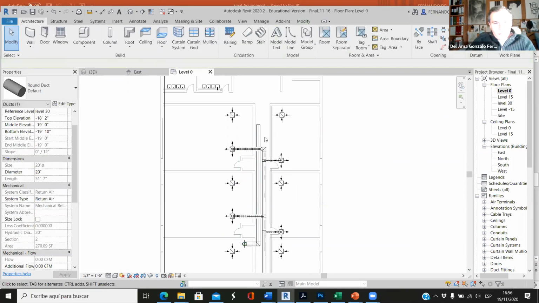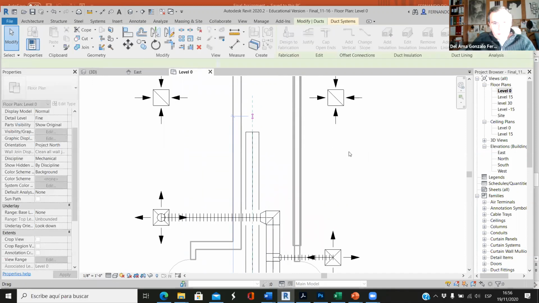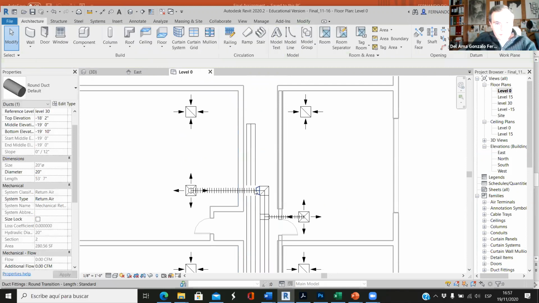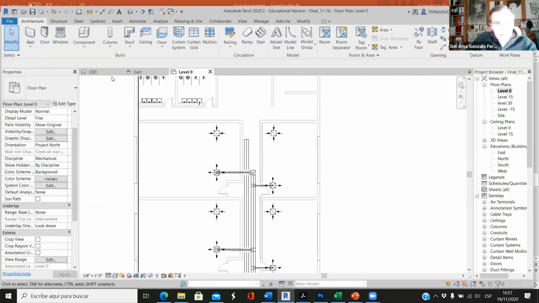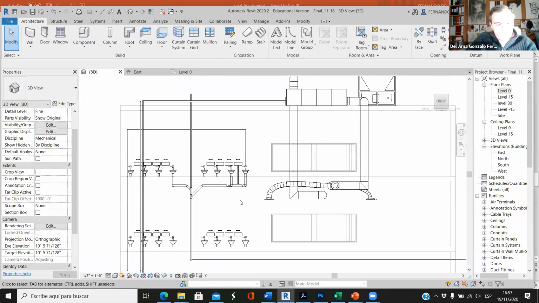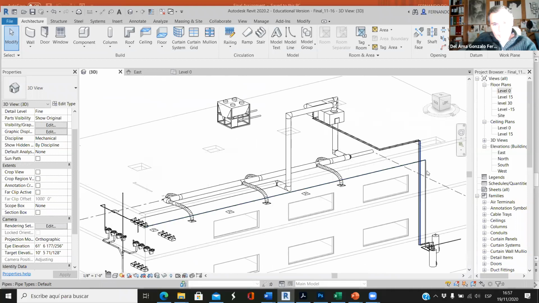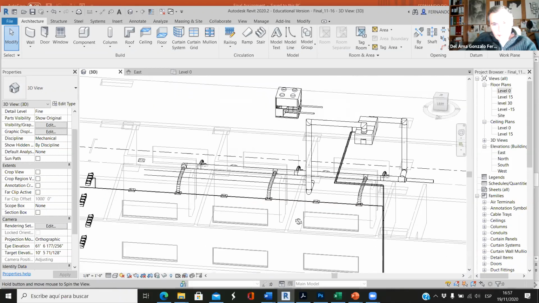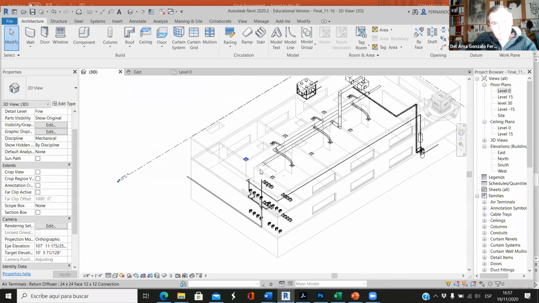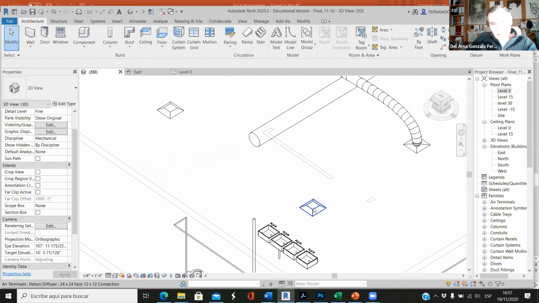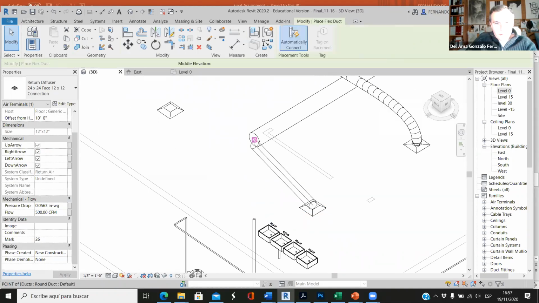With this one, there is no problem because the only thing we have to check is this intersection. So from the 3D, I can connect this supply diffuser to this.